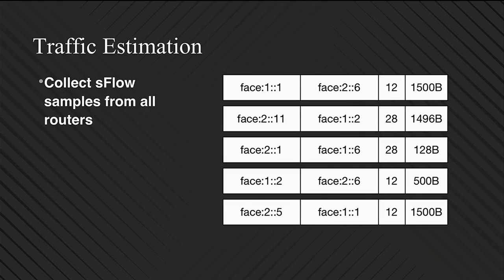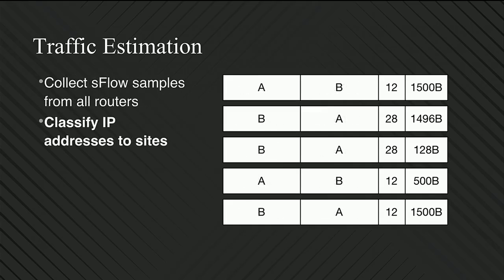These are the fields that we really care about: source and destination IP addresses, the DSCP, and the packet length. I have a bunch of fictitious IP addresses, and in the third octet, I actually encode a site number, where 1 is A and 2 is B. So what we do with these samples is that we classify them into sites.